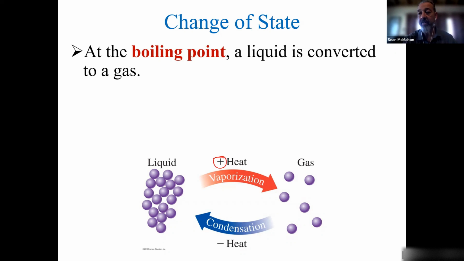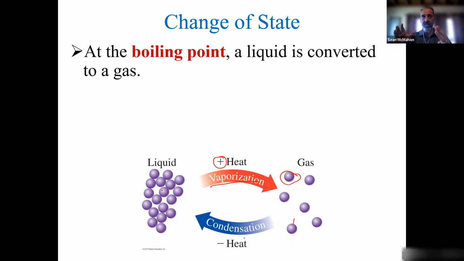To boil water, it's obvious, you have to put heat in. The opposite of boiling, or vaporization, the reason why it's called vaporization is the liquid is becoming a gaseous vapor, is condensation. So you see this when you have a cold can of soda. There's water vapor in the air, it's a gas. When it hits that can, now it loses some of its kinetic energy. When it loses its kinetic energy, it's moving slower.